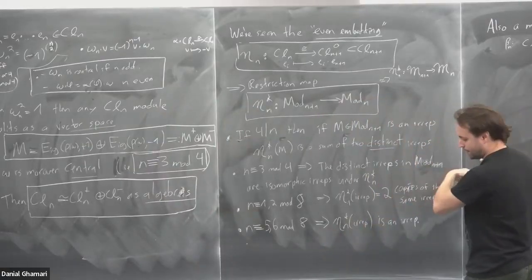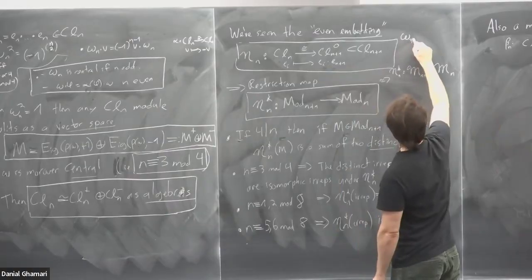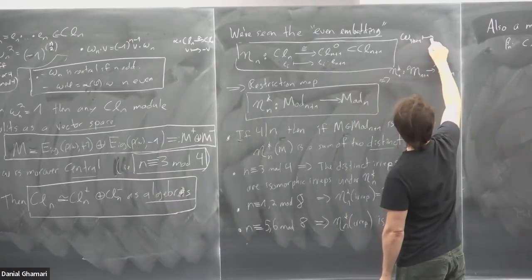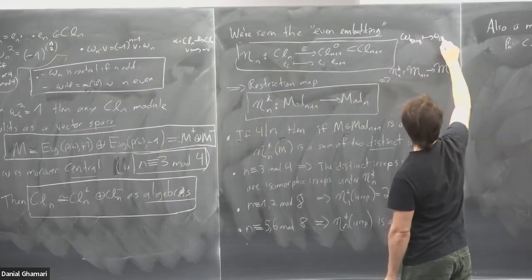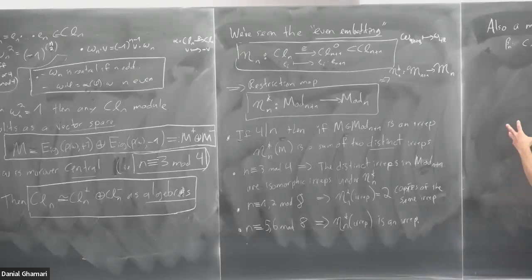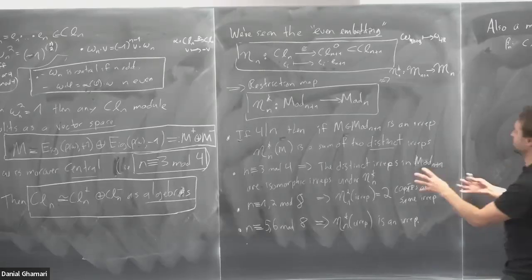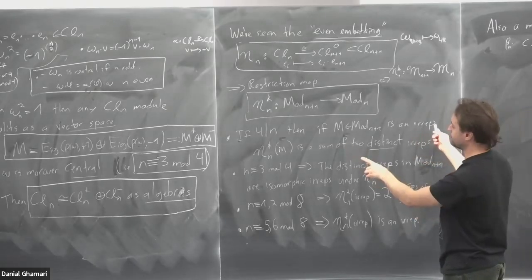However, under this even embedding, omega 4k maps to omega 4k plus 3. Under the even embedding, you can check that.